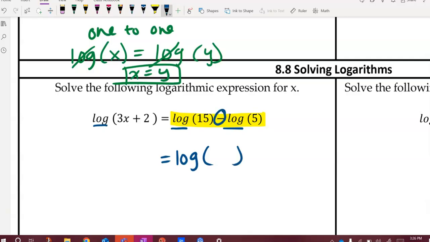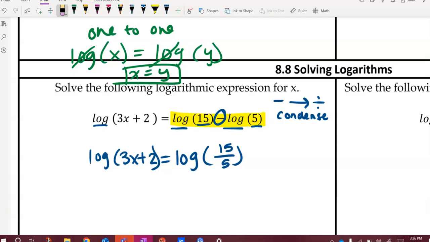And what we did on the last page was we said division can expand to subtraction. But same thing, the reciprocal of that is that subtraction can condense to division. So instead of saying 15 minus 5, we're going to say 15 divided by 5.